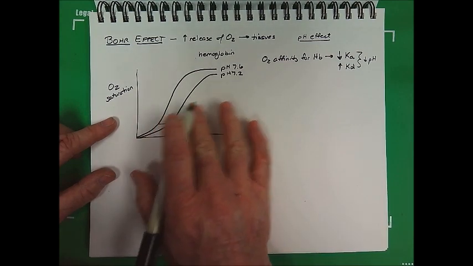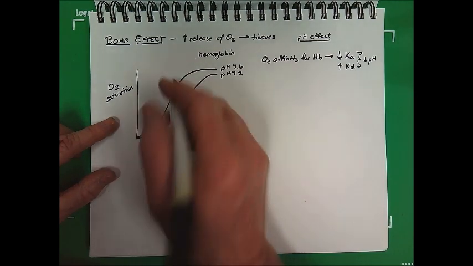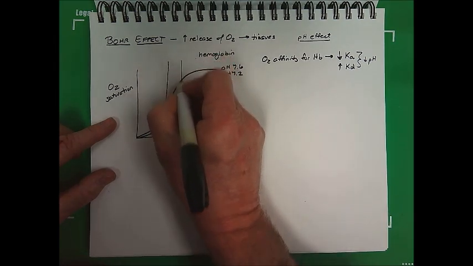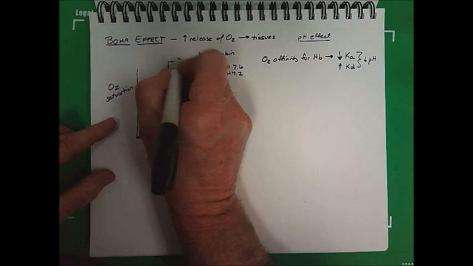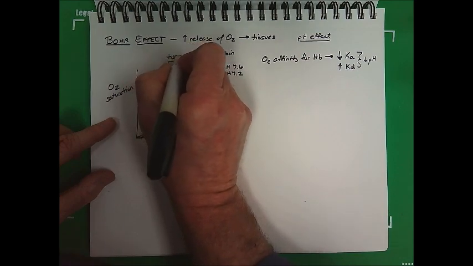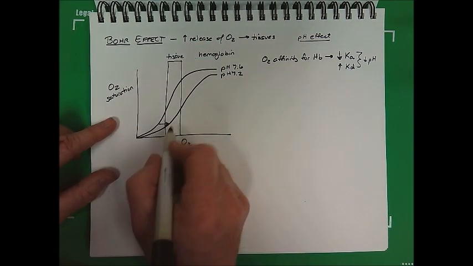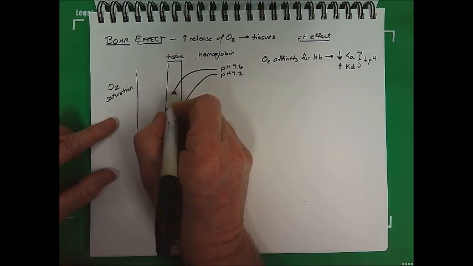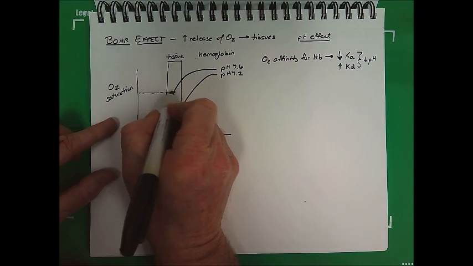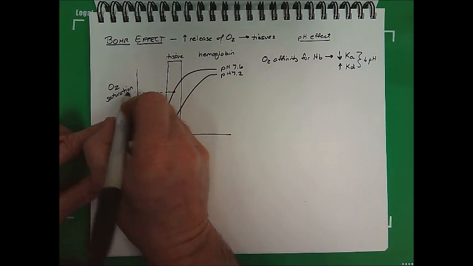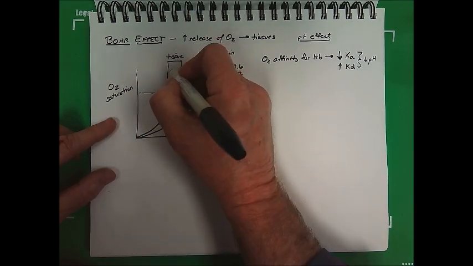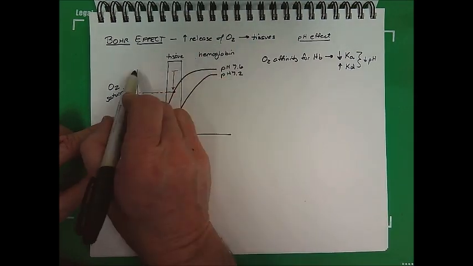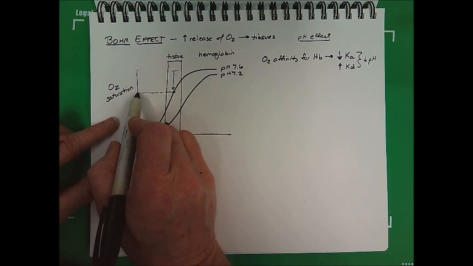Now what this principle allows by changing the pH is that if we are in the tissues, let's say that this is the tissue pressure, our partial pressure of oxygen in the tissue, let's say, is in this range. Look at our midpoint. At the higher pH, we would release only this much oxygen from the saturation point to this point.